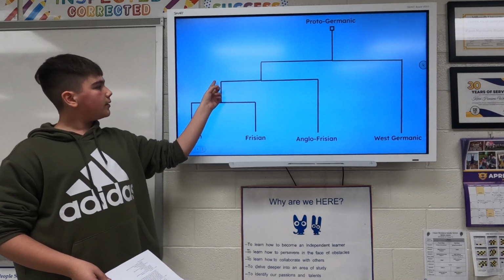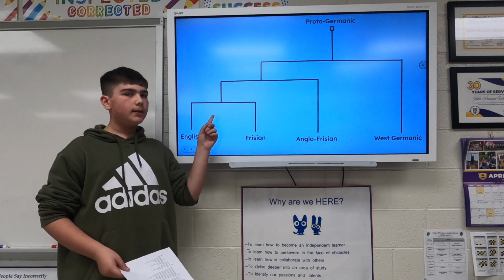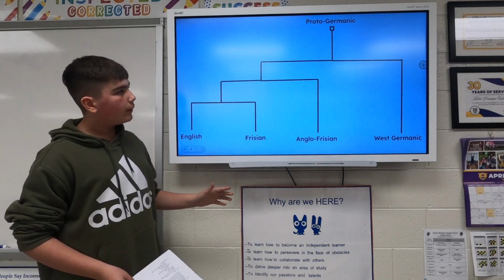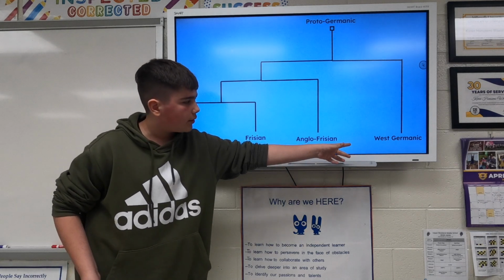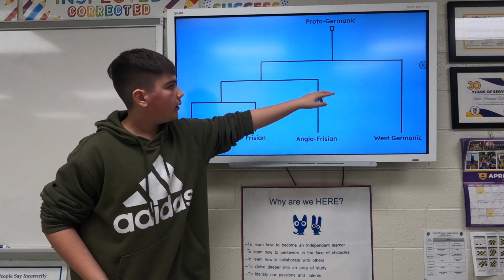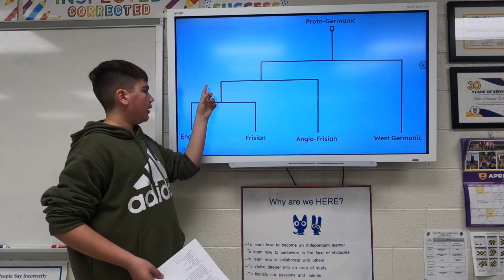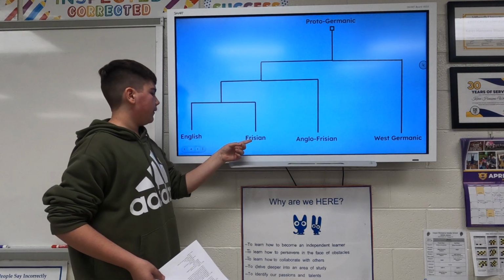All intersections and corners are called clades, and those are where languages kind of trail off. Starting off, West Germanic is the first, and then the clade cuts off here into Anglo-Frisian, and then it cuts off into Frisian and English.